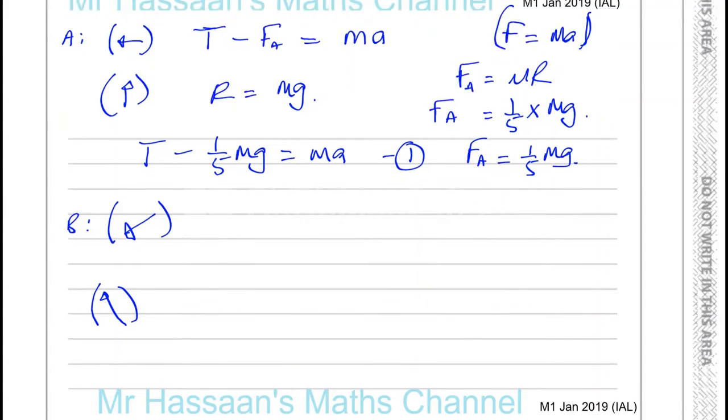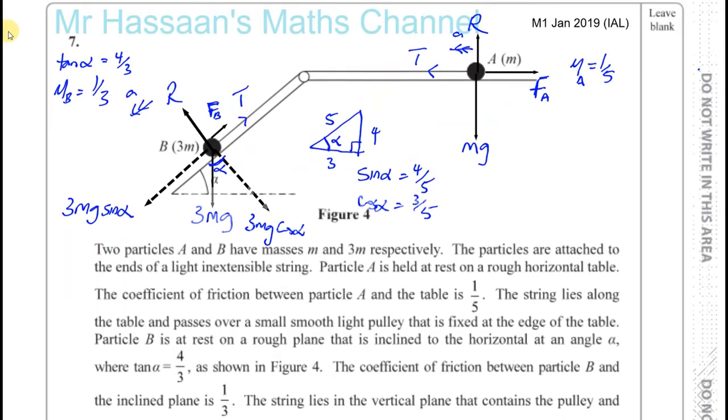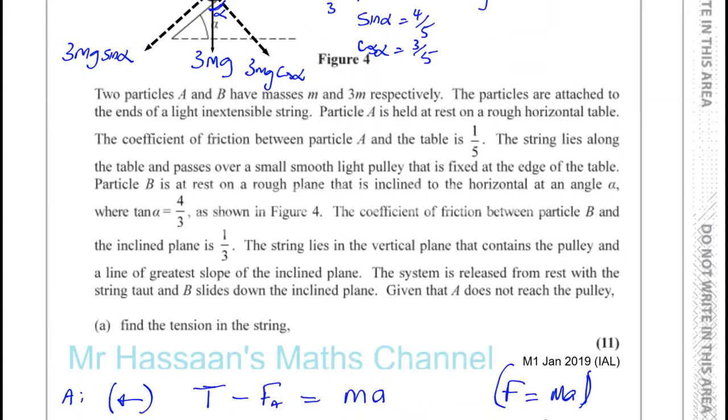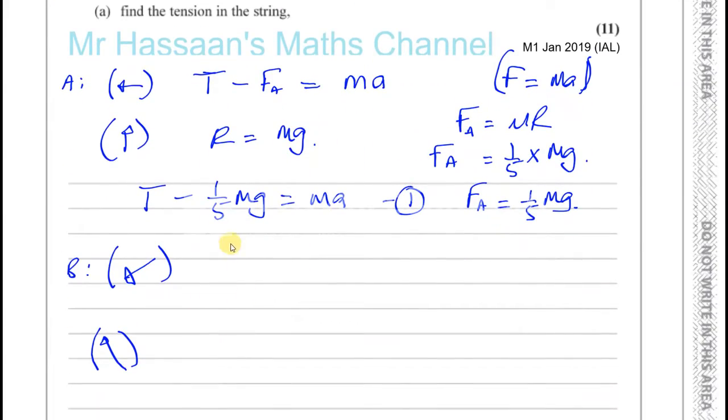If we consider the forces acting as it's going down the plane, the force in the direction that it's moving is 3mg sine alpha. So you have 3mg times sine alpha, minus the tension in the string, minus the friction acting at particle B, and that's equal to ma.